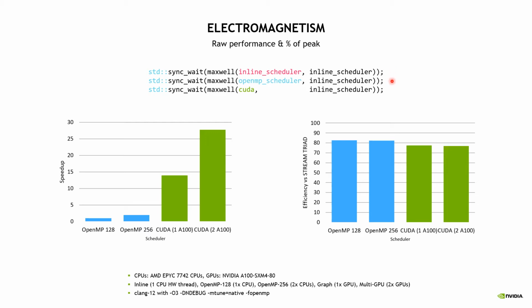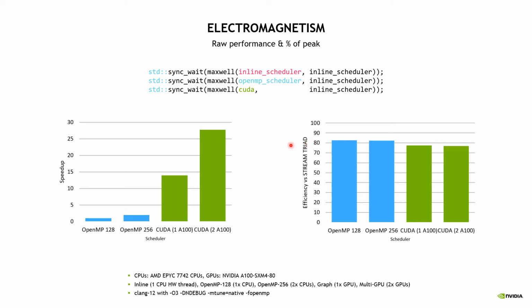It takes the work and schedules it to OpenMP threads. And you can see I have results here for 128 OpenMP threads and 256 OpenMP threads. Looking at the efficiency graph on the right, in this case 100% is full stream triad performance. You can see that both 128 threads and 256 threads achieve a comparable level of efficiency compared to stream triad.